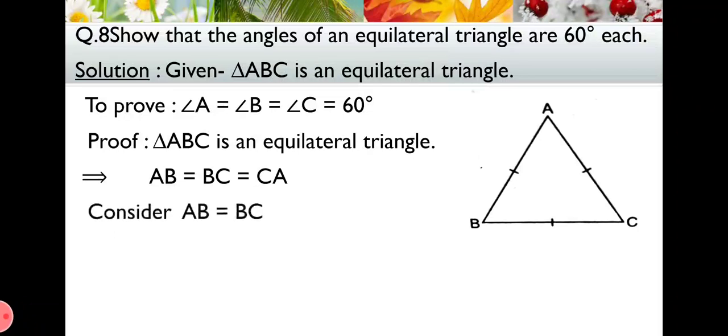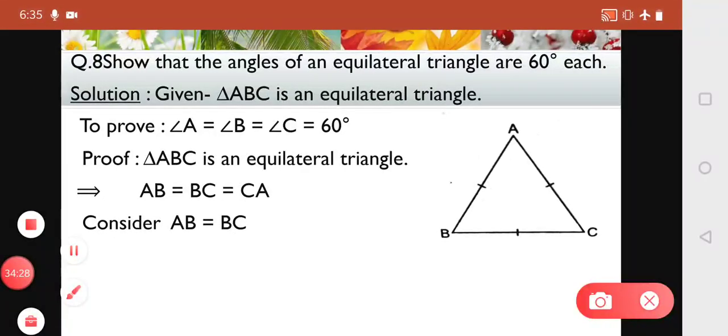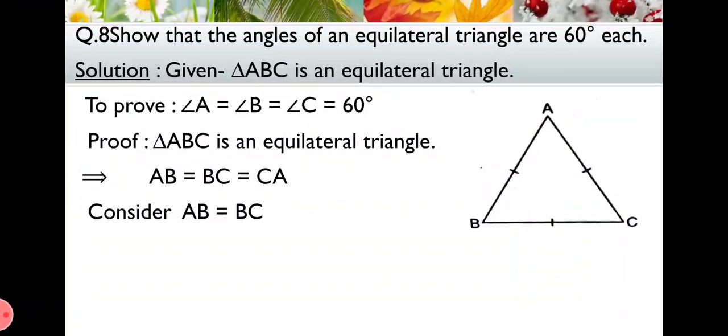Now first we consider the two sides, that is AB equals BC. Suppose in triangle ABC, AB equals BC, this we have selected. So we will get angle A equals angle C according to theorem 7.2, that is, angles opposite to equal sides are equal. Then we will select another two sides.